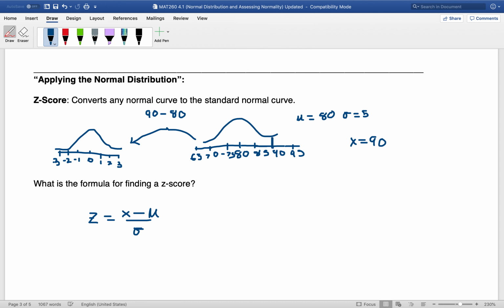So when we subtract that mean, it's going to take us back down to our standard normal curve. So it's going to move us left 80 spots.